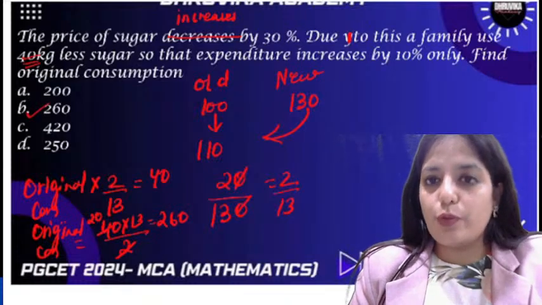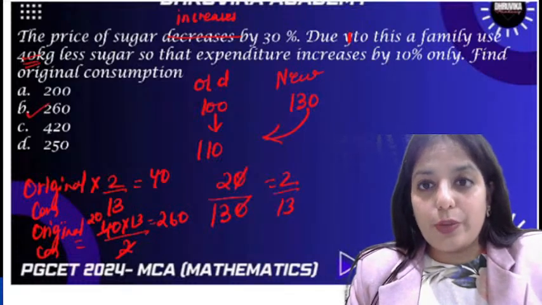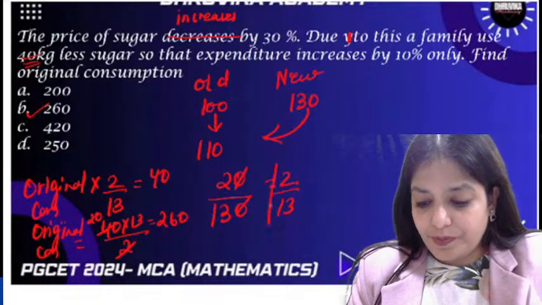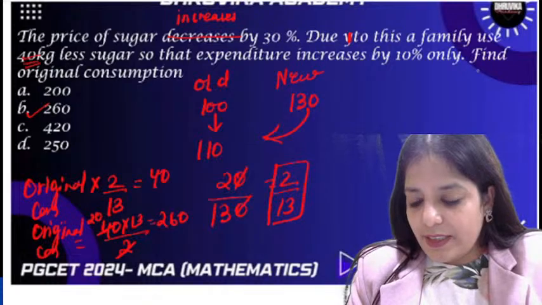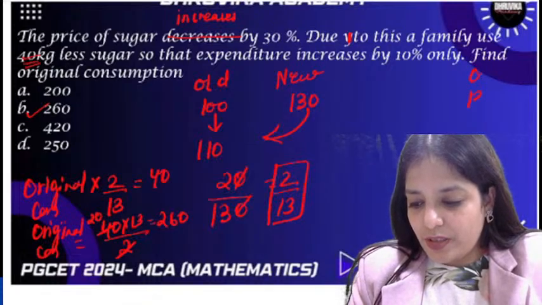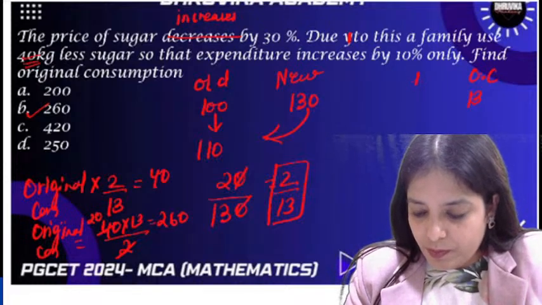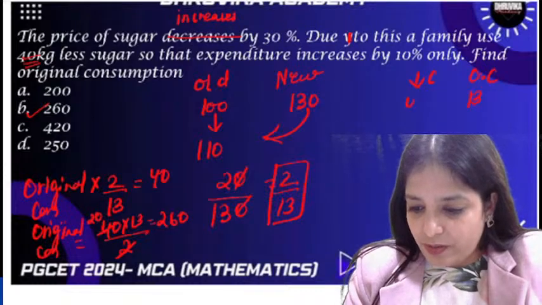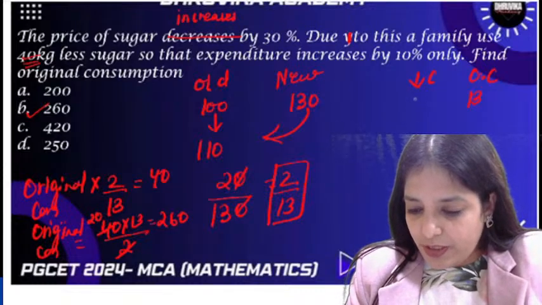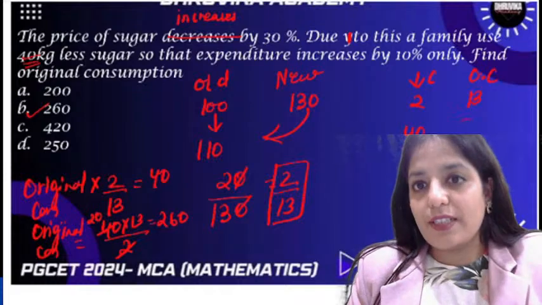This is one way of doing this question, or even you can do it by the unitary method. We know the percentage fraction 2 by 13. So what is 13? It is the original consumption. What is 2? Decrease in consumption, which is given in the question as 40. So we need to find original consumption.